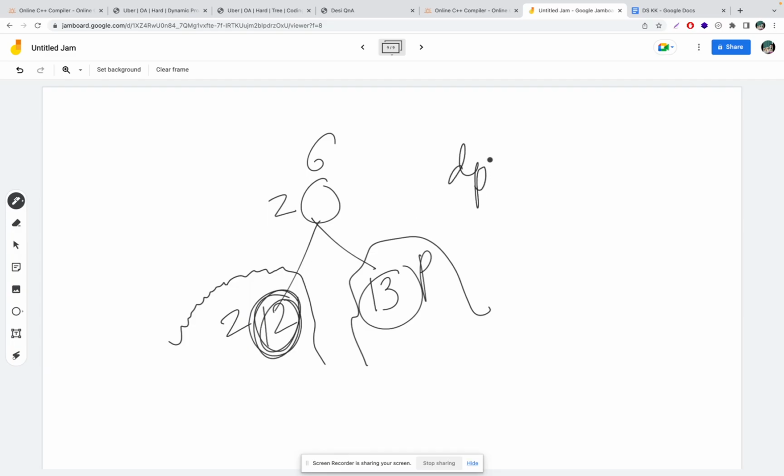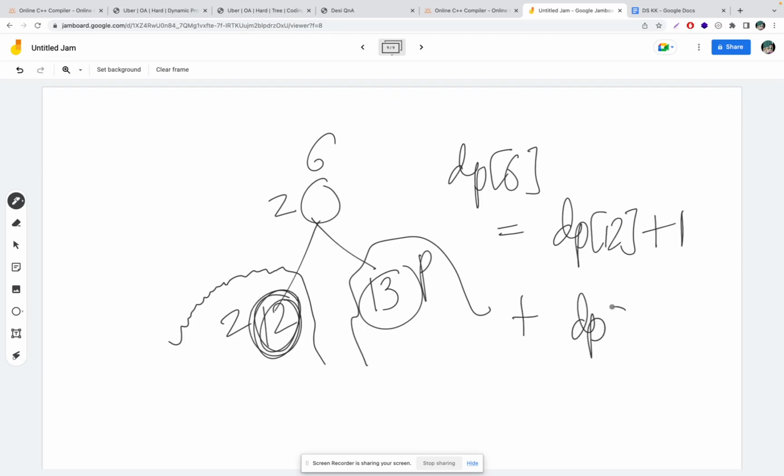So dp of 6 will be nothing but dp of 12 plus 1, then plus dp of 13 plus 1. These two things I have to add. I have to add the value of down dp of all the children plus 1. Why? To include this node as well. So dp of 12 plus 1 you can include, because this is not a prime number.